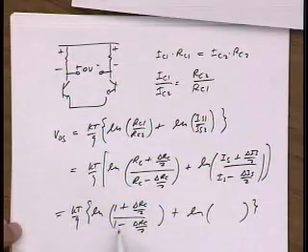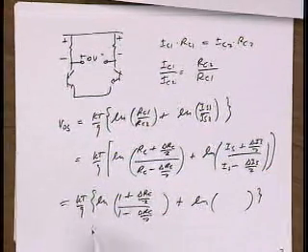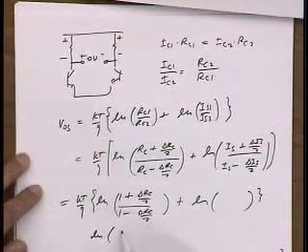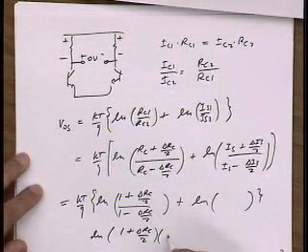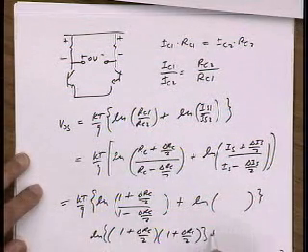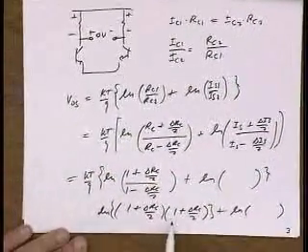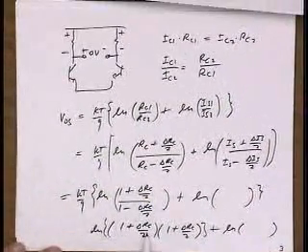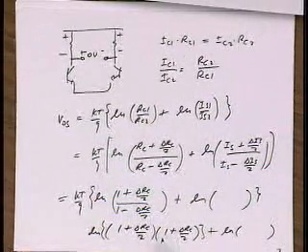And if this is small, right, I can write 1 over 1 plus x as 1 minus x. So then I get log of 1 plus delta RC over 2 times 1 plus delta RC over 2 plus same thing over here. And then I multiply this out, and I get 1 plus delta RC plus delta RC squared over 4.